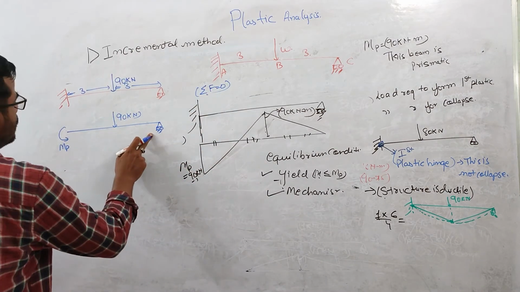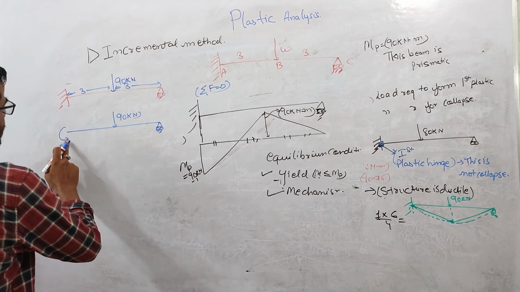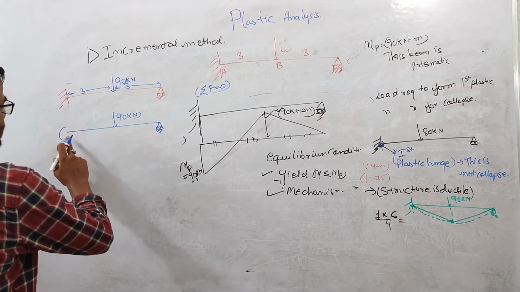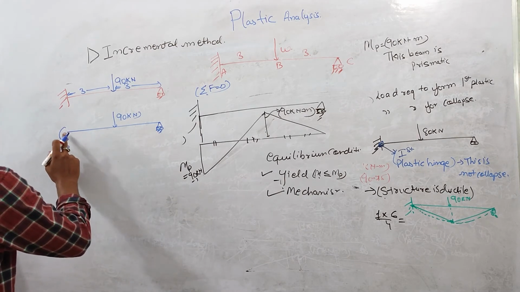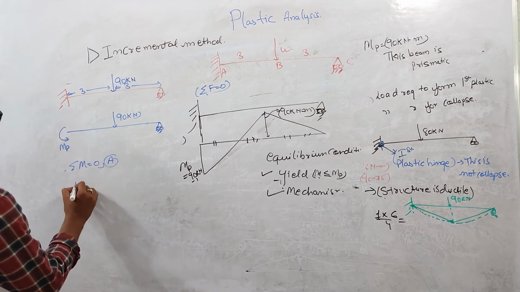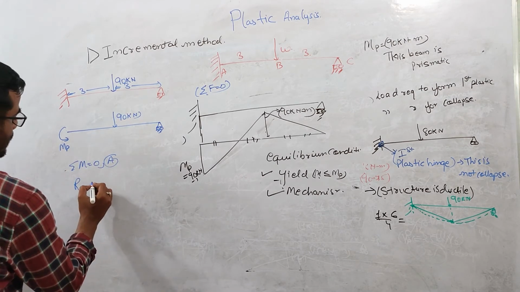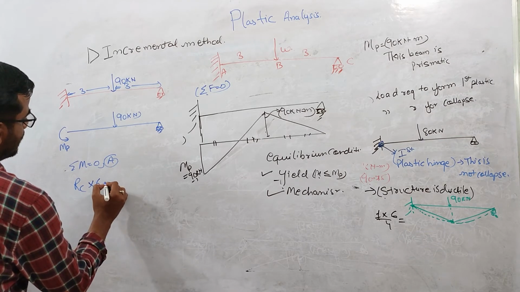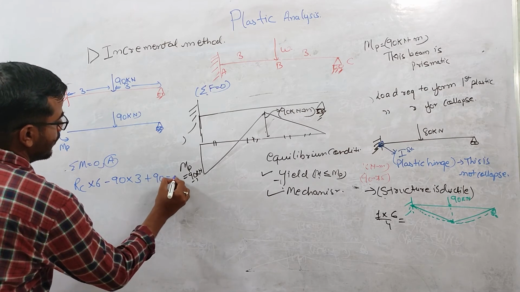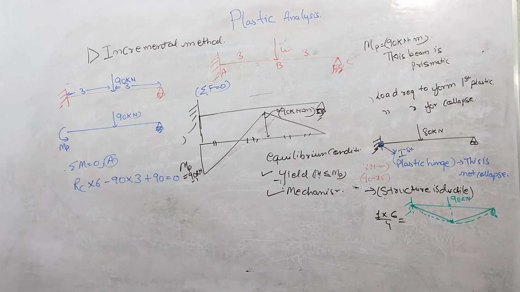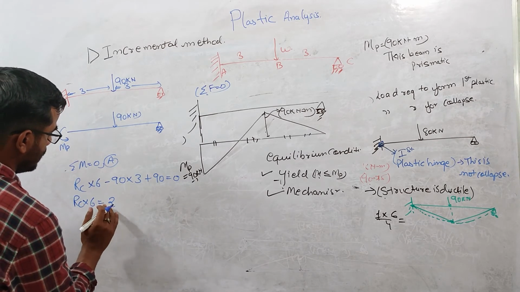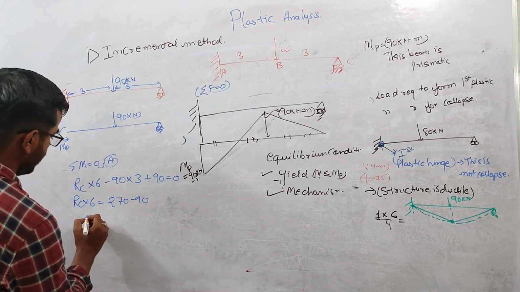If you calculate the reactions, taking moment summation M equals 0 at point A, I can write RC into 6 minus 90 into 3 plus Mp, where Mp is 90, equals 0. So RC into 6 equals 270 minus 90.